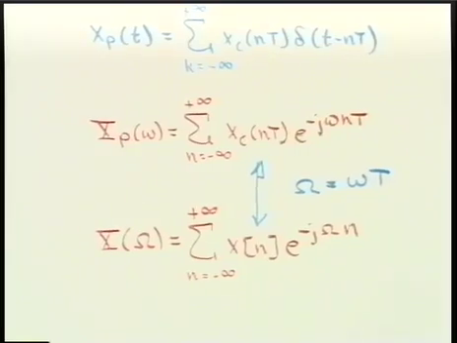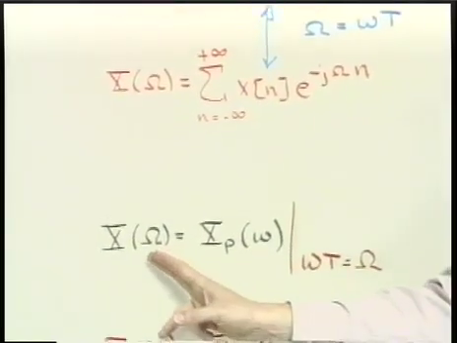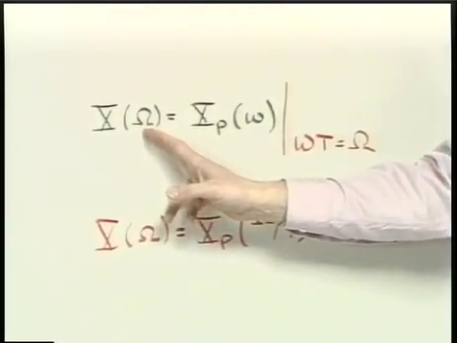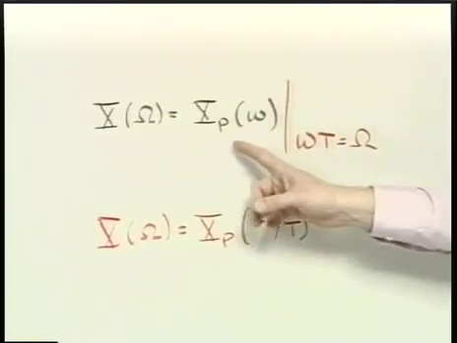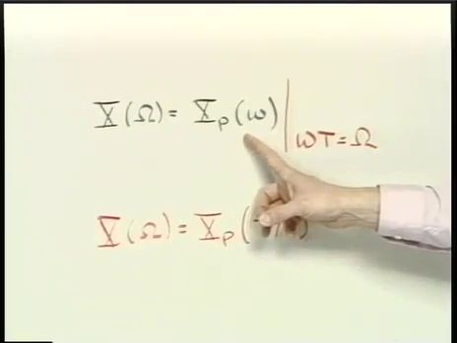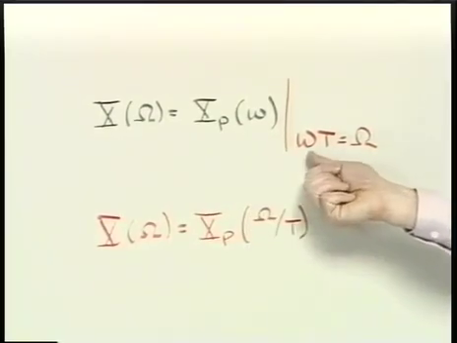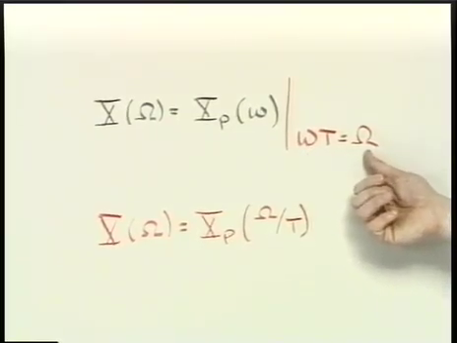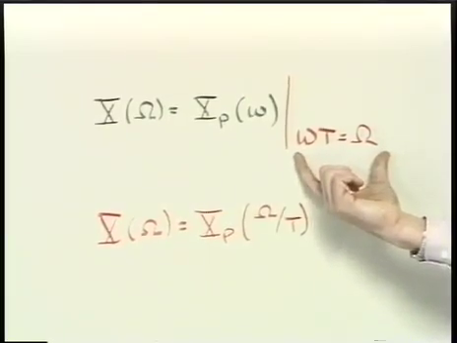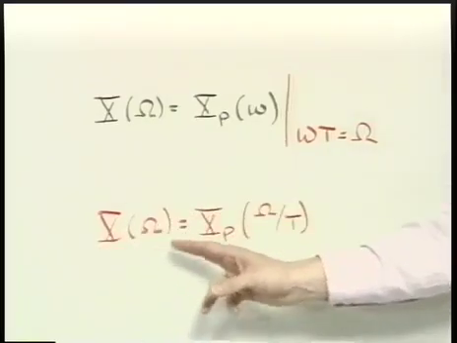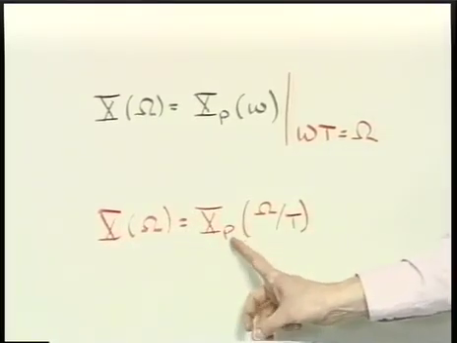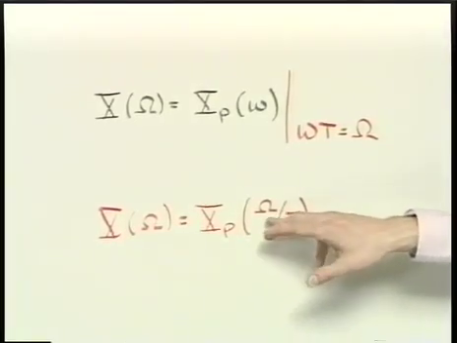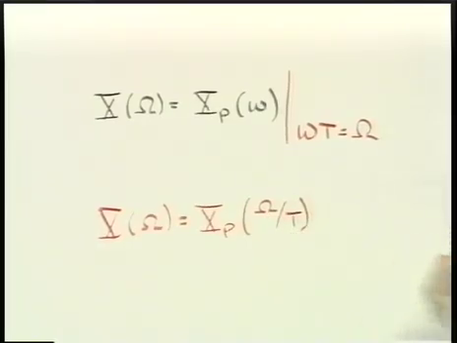And so in fact, then the relationship that we have is that the discrete time Fourier transform of the sequence of samples is equal to the continuous time Fourier transform of the impulse train of samples, where we associate the continuous time frequency variable and the discrete time frequency variable through a frequency scaling, as I indicate here. Or said another way, the discrete time spectrum is the continuous time spectrum of the samples with small omega replaced by capital omega divided by capital T.